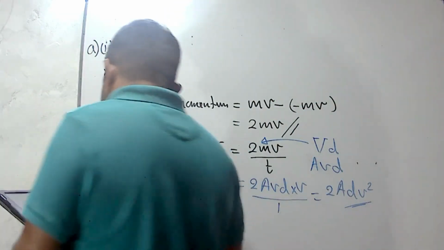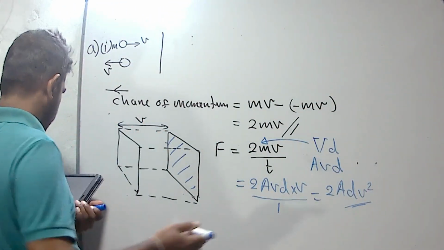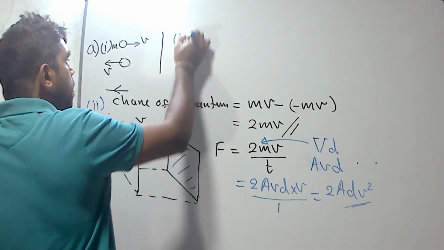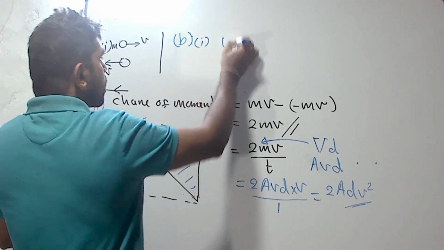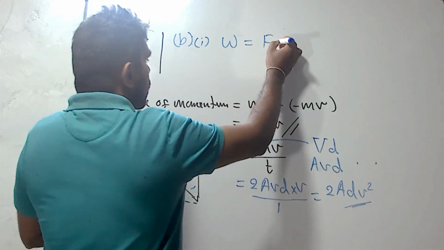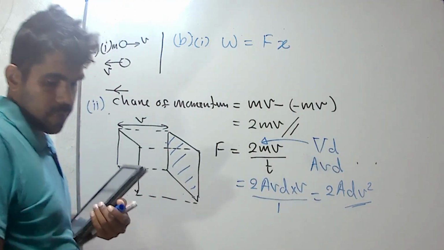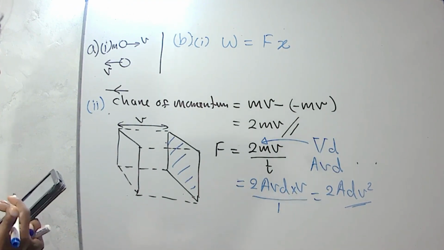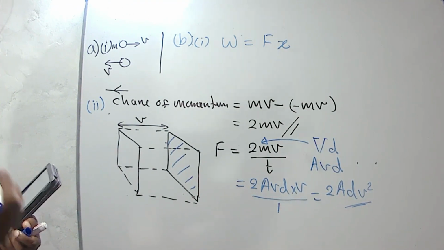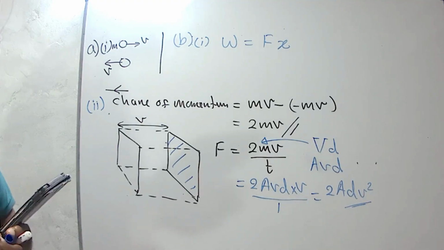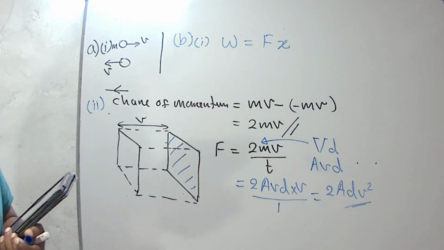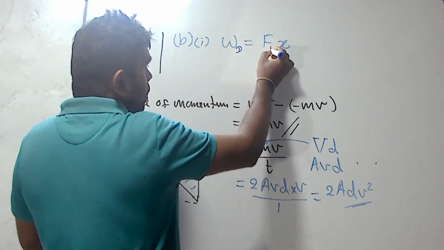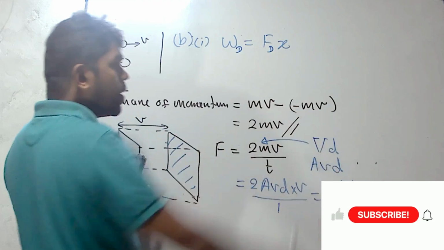We can write work done is force times distance. Then work done against the drag force is drag force times distance.